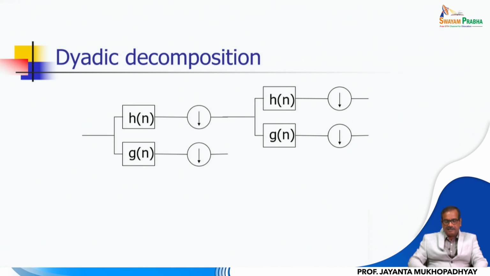Let me explain that. You see that here we are not decomposing the high frequency component at each stage. We are keeping it in its form. You notice that the Gaussian pyramid representation is a dyadic decomposition of the signal. So we follow that same thing. Only the low frequency part is getting decomposed at every stage.